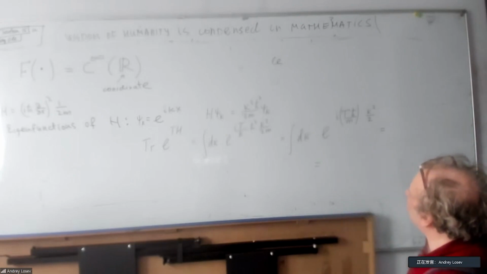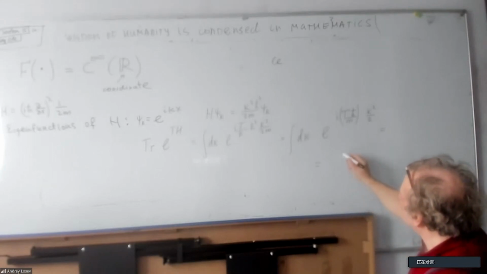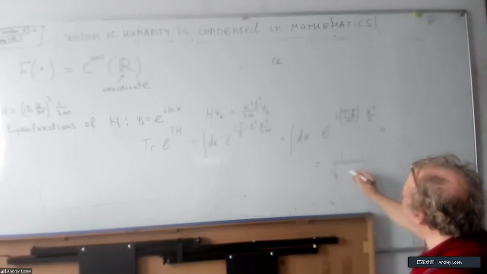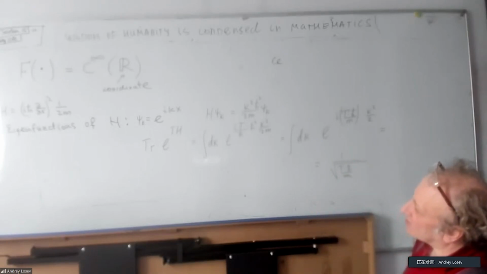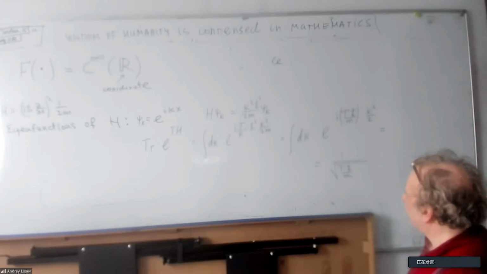And this perfectly convergent integral is 1 over the square root of this t times h over m. Okay, so we already computed something. Not that bad.